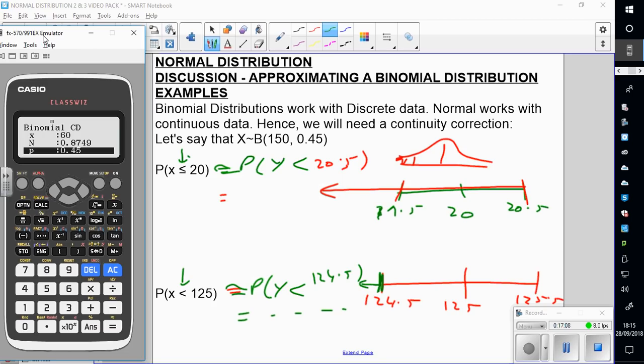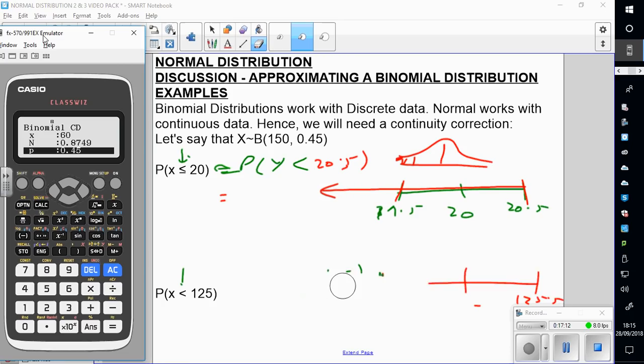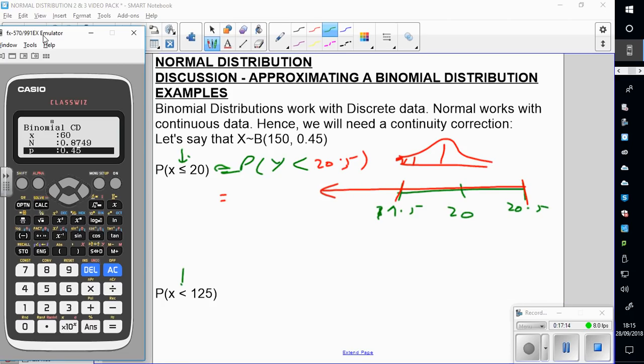So one final thing then. What happens if the question says, find the probability of x equaling 20? Well, we already discussed this. This is the same as the probability of y between 20.5 and 19.5.